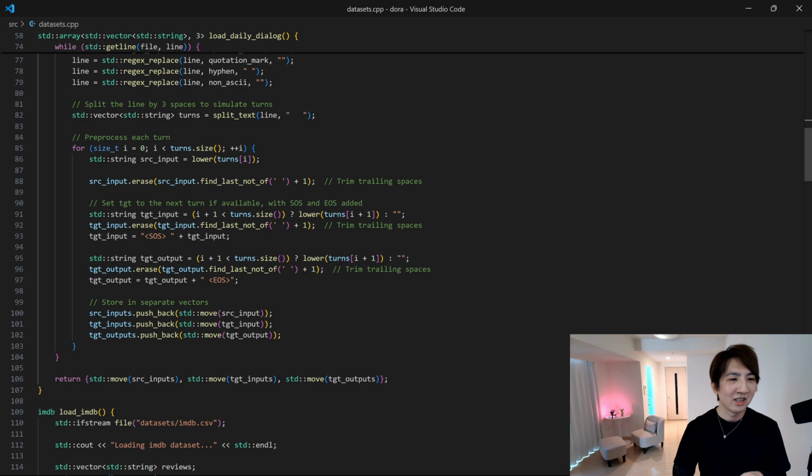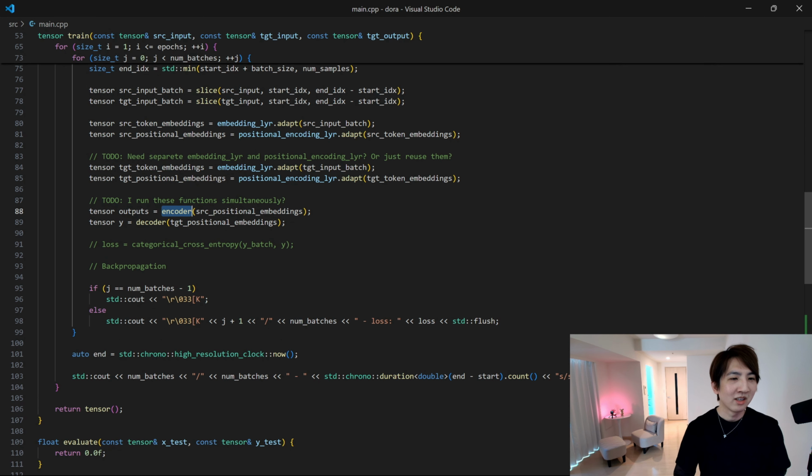Like for traditional models, you have inputs and targets, where the targets are called Y values or labels. Similar to that, the decoder needs inputs and outputs.